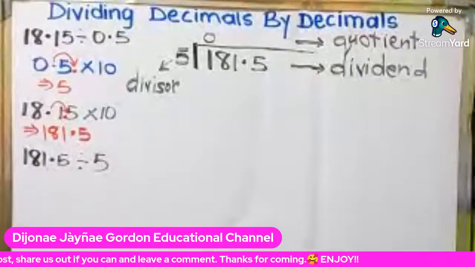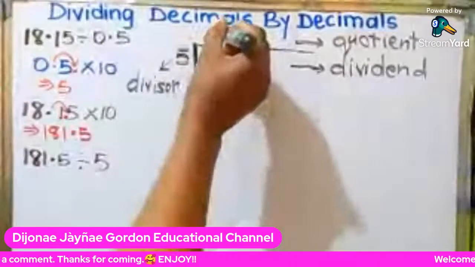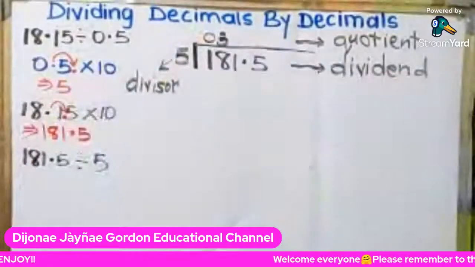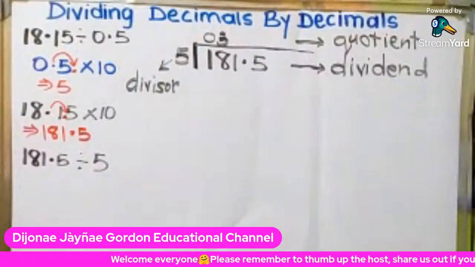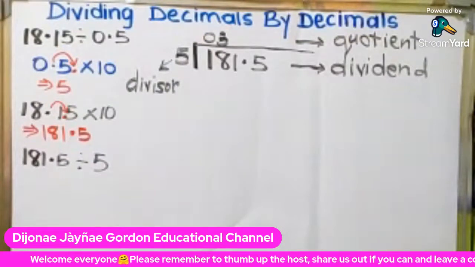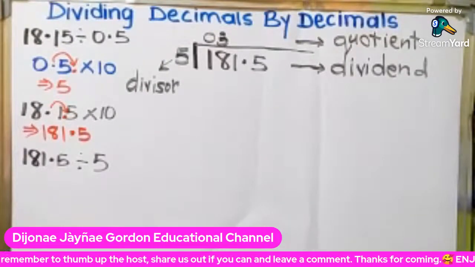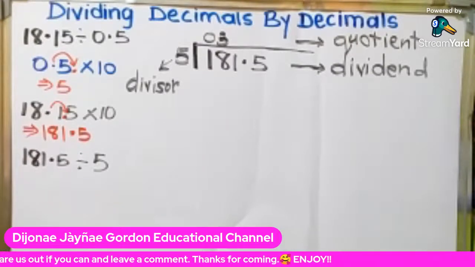And of course, we can get 3 groups. All right? We can get 3 groups of 5. All right? Let's go right ahead, and of course, let's work this problem together. All right? What is the next thing that we are going to do?